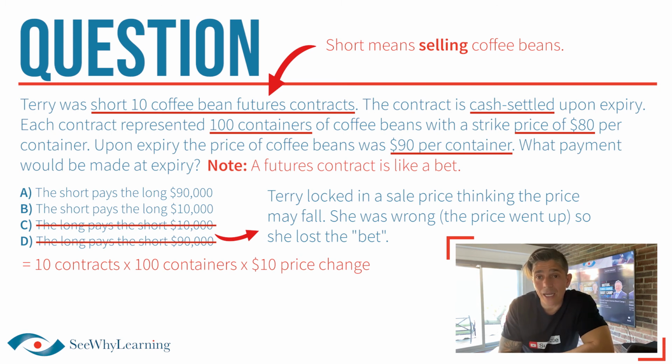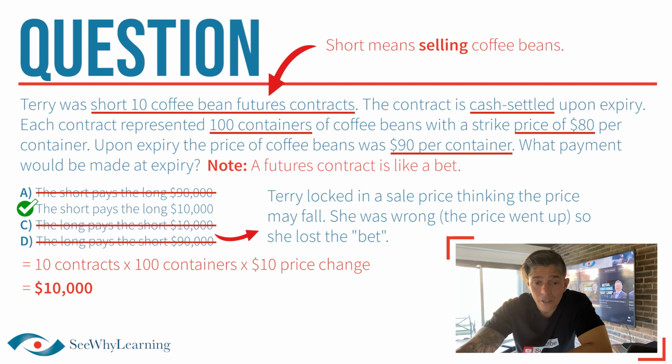The price went from 80 up to 90. That's a price change of 10. And we get $10,000. So the answer is B. The short, in this case Terry, will pay the long $10,000, which is the price movement of the price of coffee.